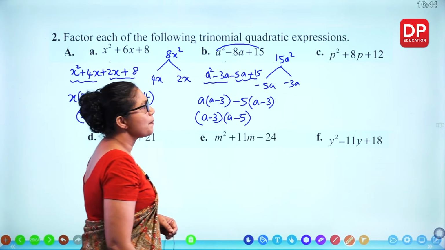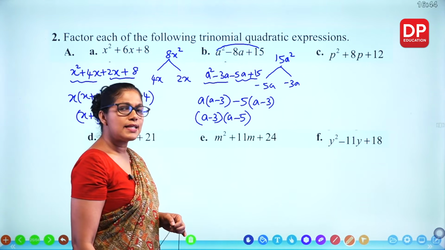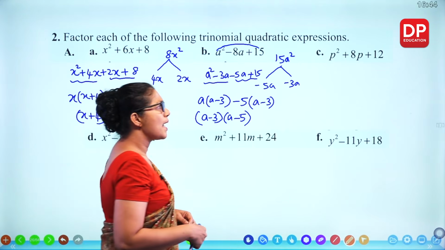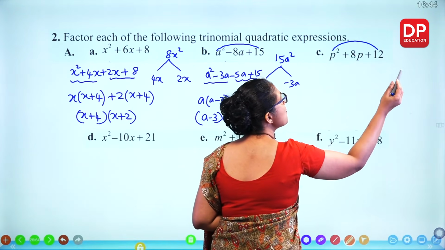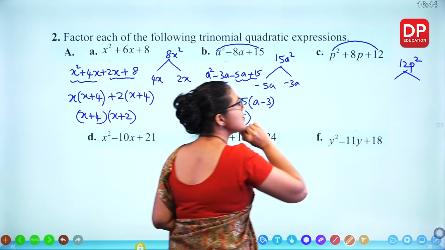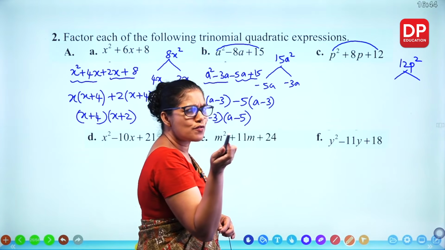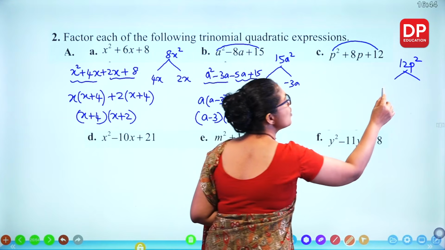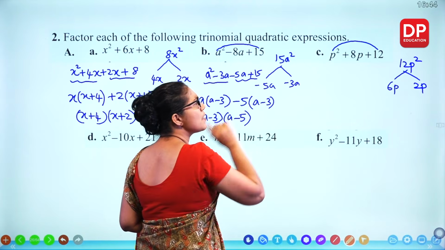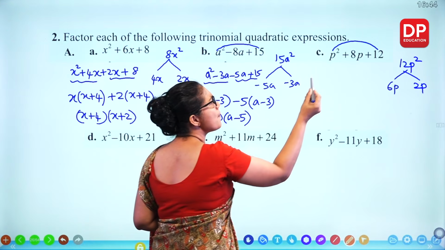Now the third one, plus 12 and the middle term is plus 8. That means both factors are plus. So 12 times p squared is 12p squared. Find out the two factors. What are the two factors of 12? 6 and 2. 6p and 2p. Both should be plus because the middle term is plus 8.